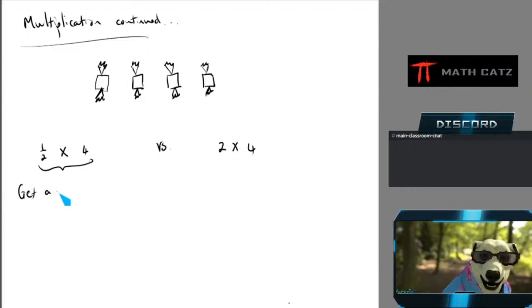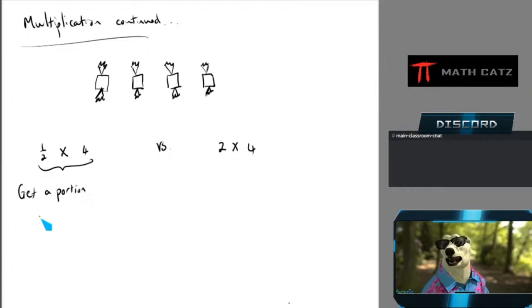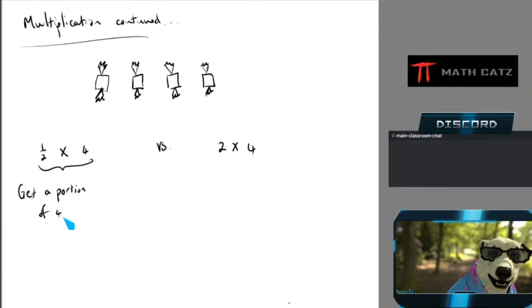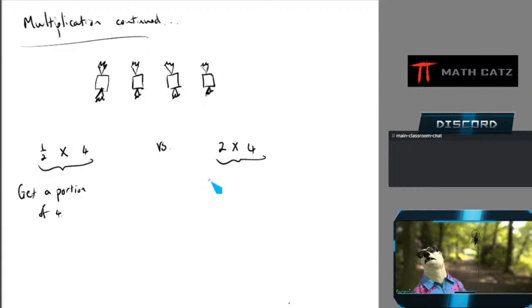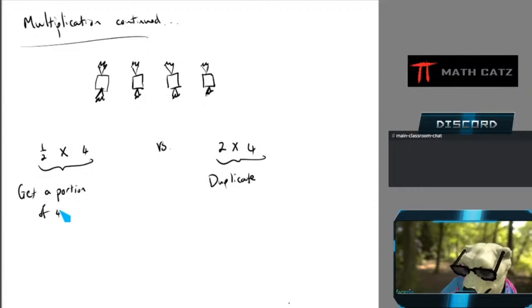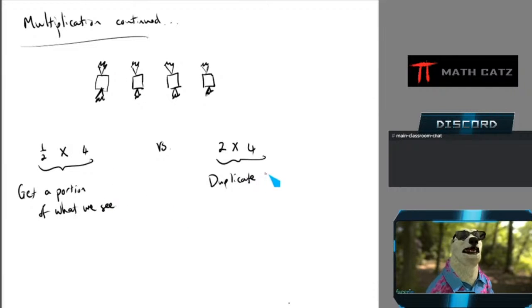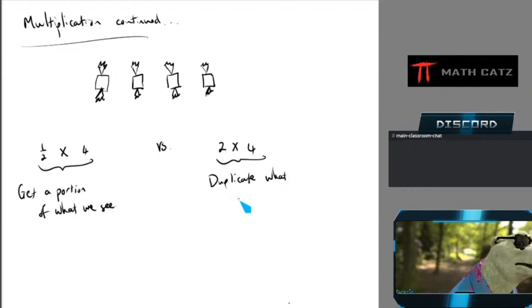I'm going to get a portion of what we see in front of us. The other one is we duplicate what we see and get to keep all of that. And hopefully there's a bag behind the table that can give me more because you told me I'm going to get 2 times what I see, so I'm waiting.